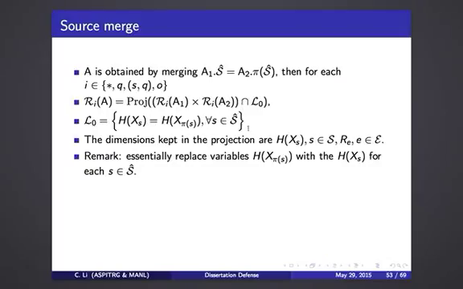So as it shows here. And essentially, we can simply replace the source variables in one network with the associated source variable in another network, as long as they are merged with each other.